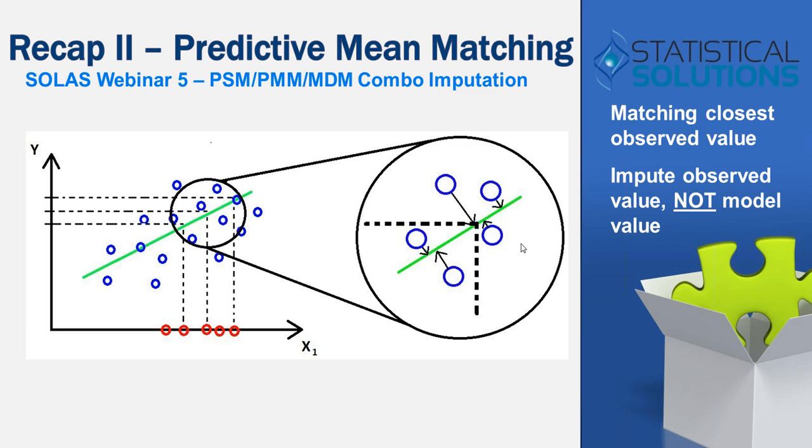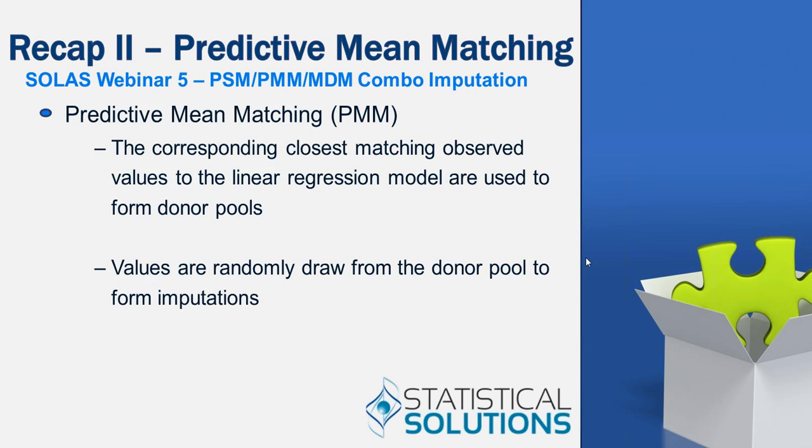We do not impute the model value. We impute the surrounding observed values. So the corresponding closest matching observed values to the linear regression model are used to form donor pools, and values are randomly drawn using the approximate Bayesian bootstrap method from the donor pool to form the imputations.